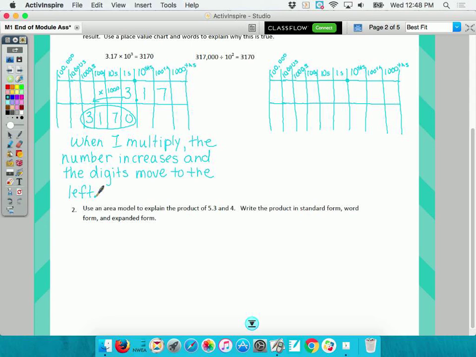When I multiply, the number increases and the digits move to the left. That's what we just showed, okay?